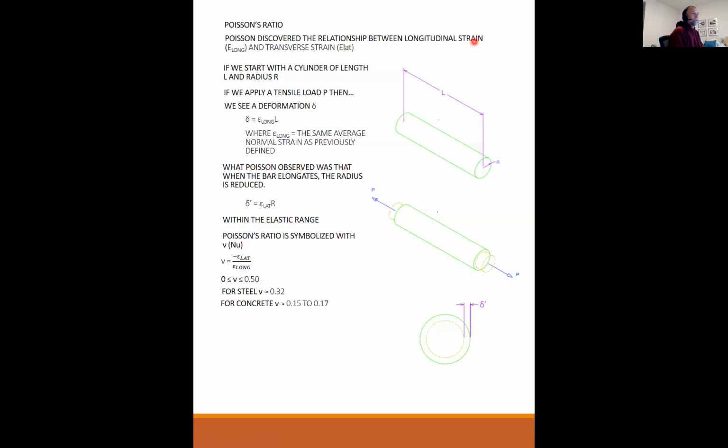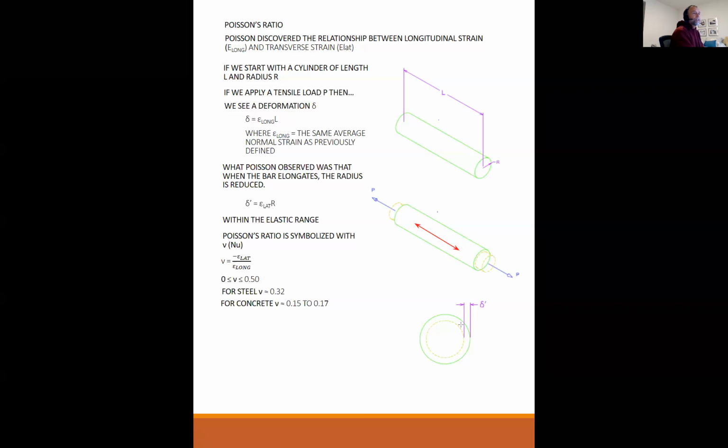Okay, thanks. Now hopefully it's clear. Let me use that symbol right there. The longitudinal strain is strain in this direction. The transverse strain is strain in this direction. Does that help? Yes, thank you. Okay, great.